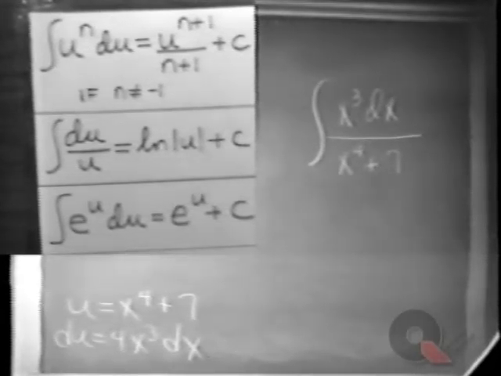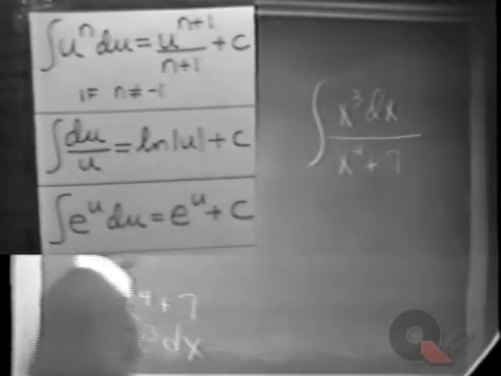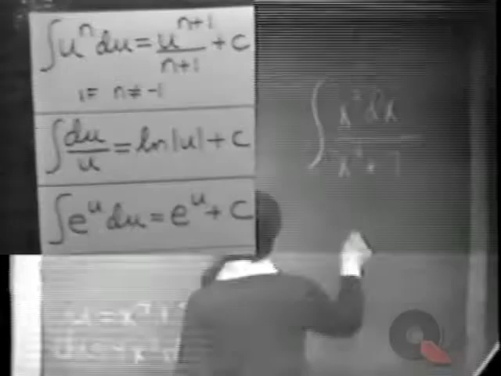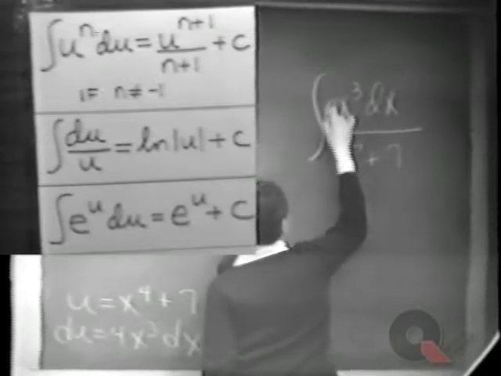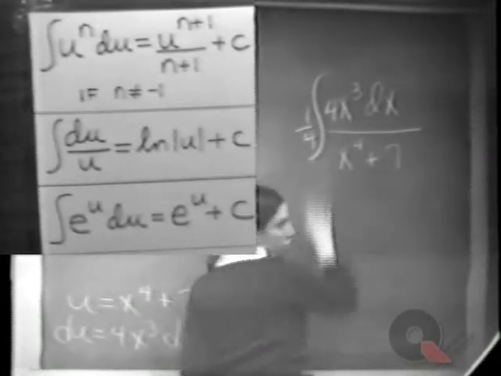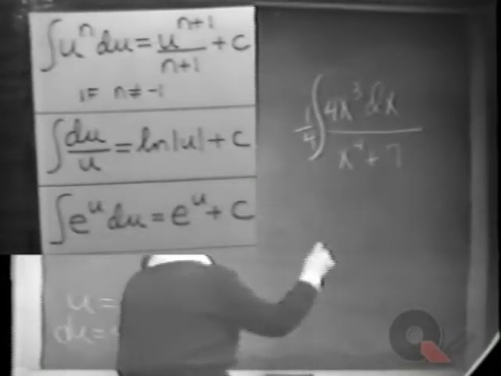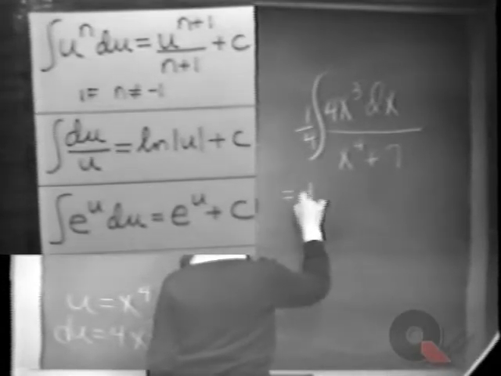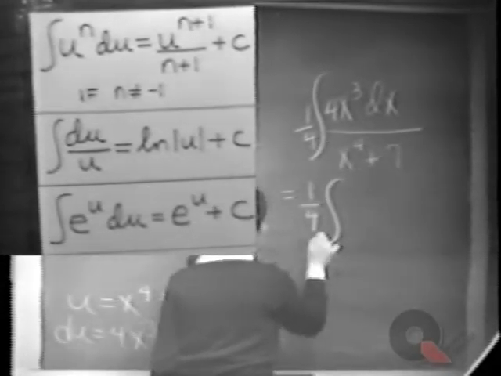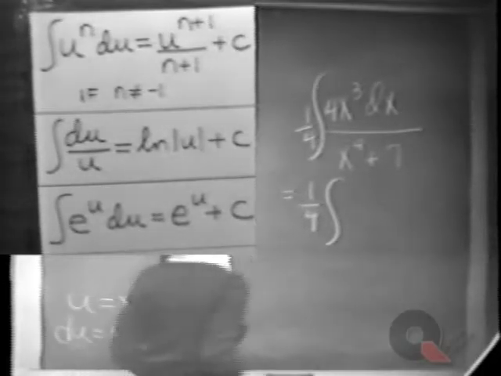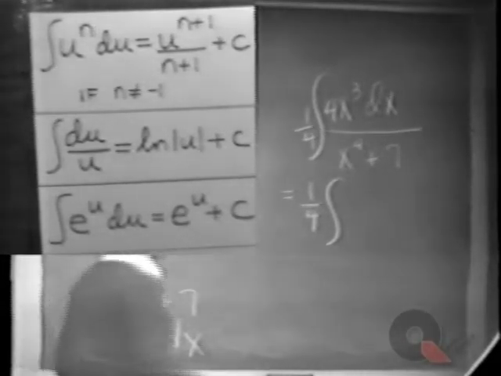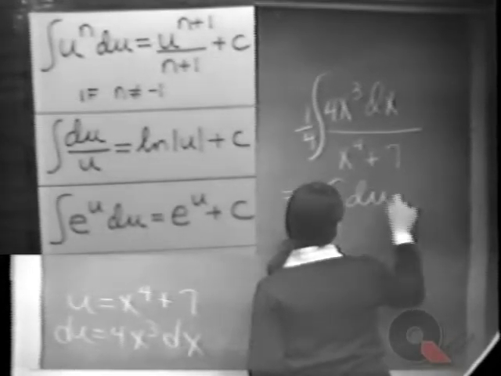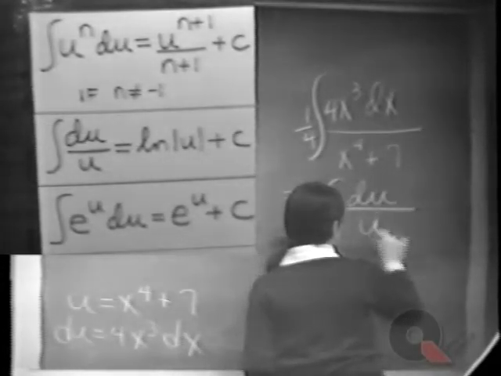So we almost have du over u. To get du over u, all I have to do is multiply by 4 on the inside and divide by 4 on the outside. This problem would then be in the form 1/4 of the integral 4x cubed dx, that is precisely du, over x to the fourth plus 7, that's u.